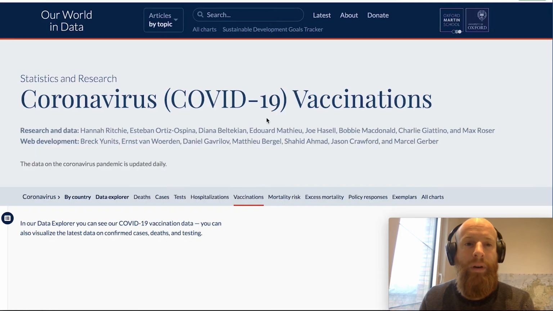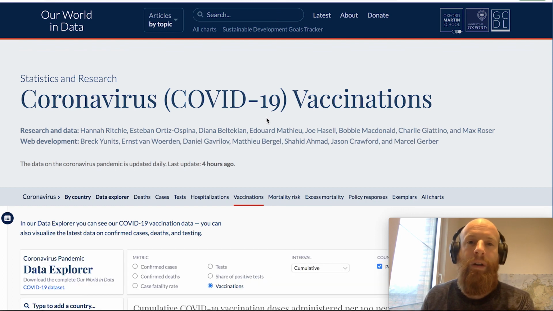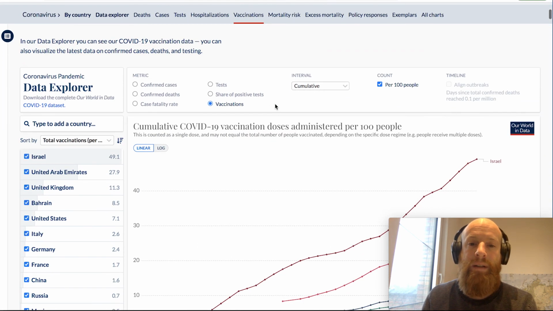So if you're not familiar with Our World in Data, I can really recommend it. They publish all the data, but they also make a lot of charts that you can embed, and there are a lot of articles explaining what is in the data. So it really is an excellent source for global health data, but also for other kinds of data.